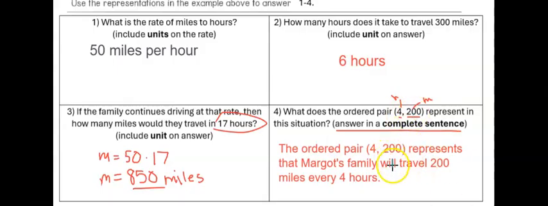So the ordered pair for 200 represents that Margot's family will travel 200 miles every 4 hours. Notice that I started with a capital, I spelled my words correctly, and I ended with a period. So complete sentence is going to be required and make your language arts teacher proud.